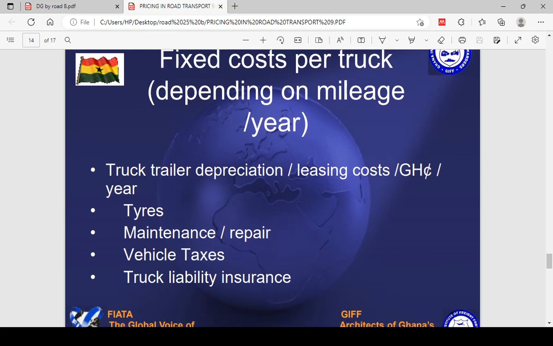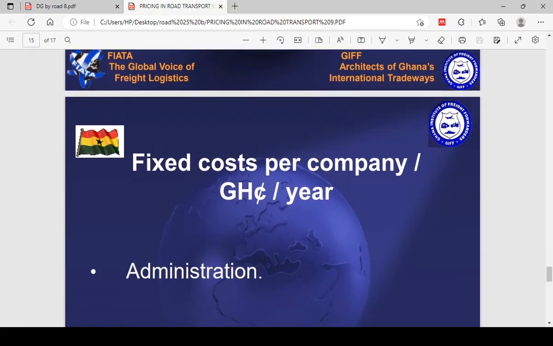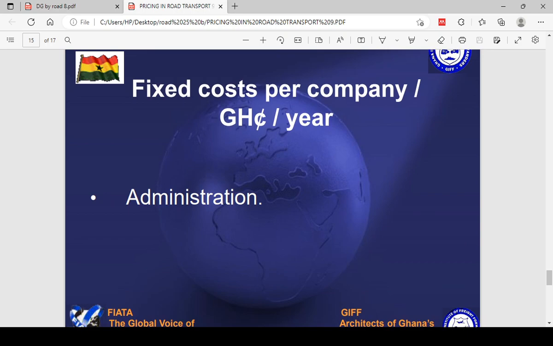The truck and trailer depreciation, so long as you continue to drive the car, you depreciate. Then the lease cost per year. The tires, the maintenance and repair. Then you also take care of the vehicle taxes and the truck liability insurance. All these things must be costed, they are fixed, and you cannot vary them.